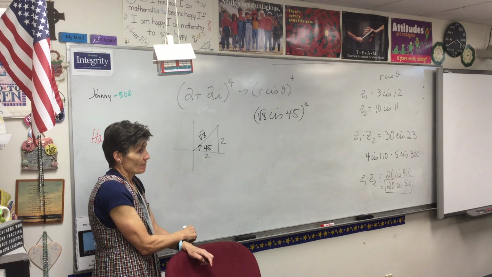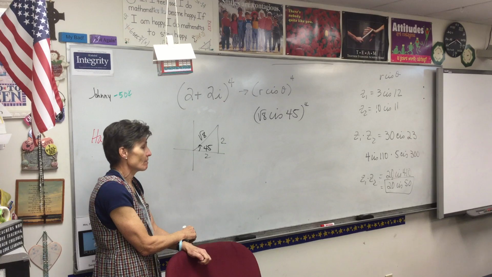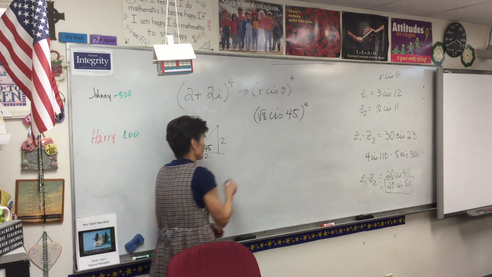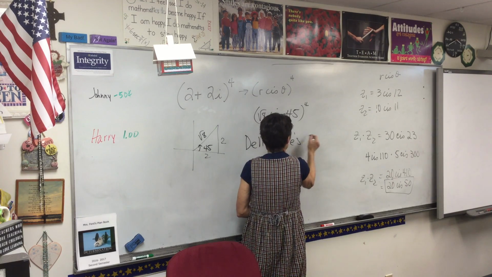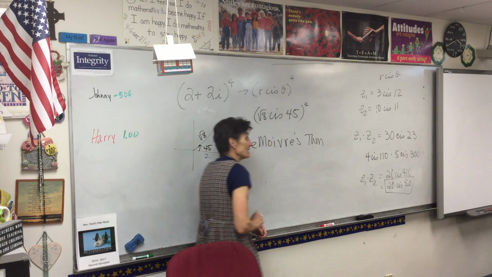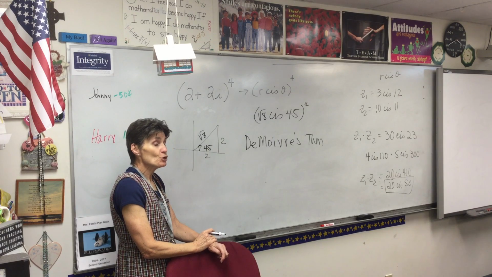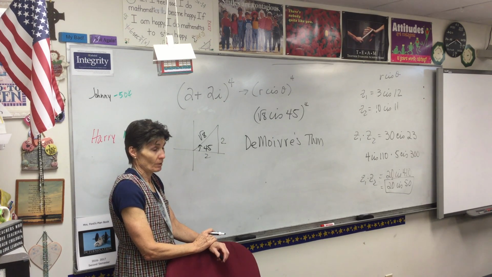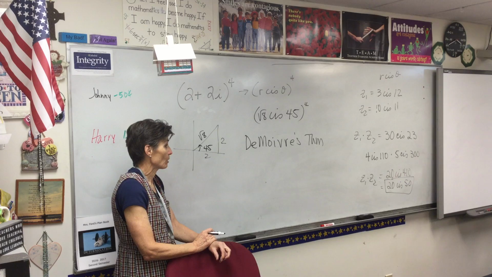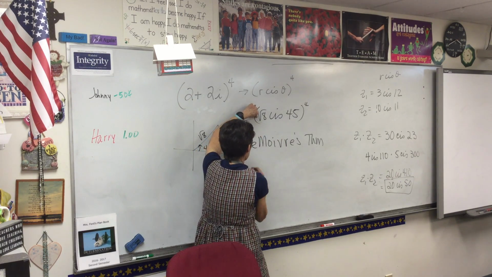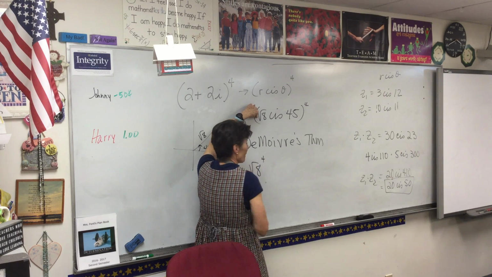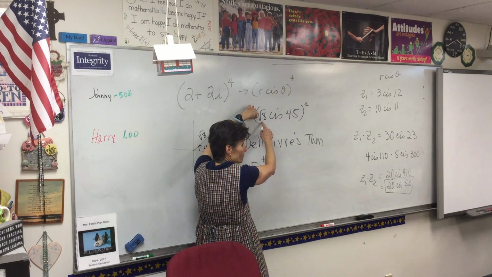Now, this is one of the coolest formulas ever. It's called de Moivre's theorem. It says that if you want to raise a number in polar form to a power, all you have to do is raise the radius to the power. So this is your r.